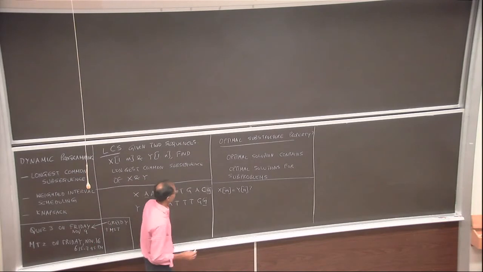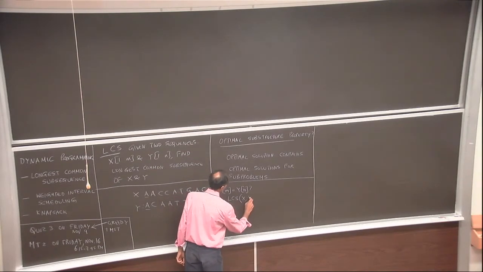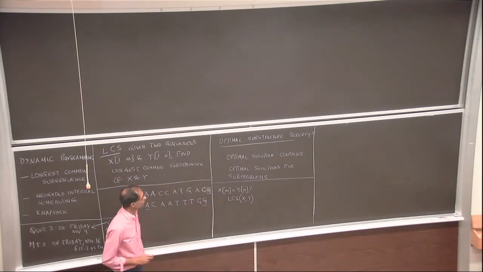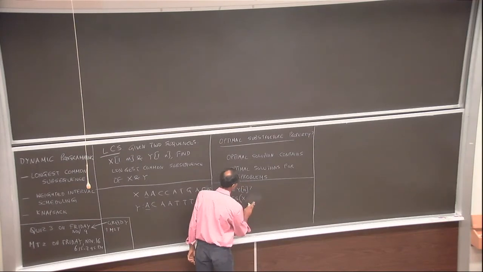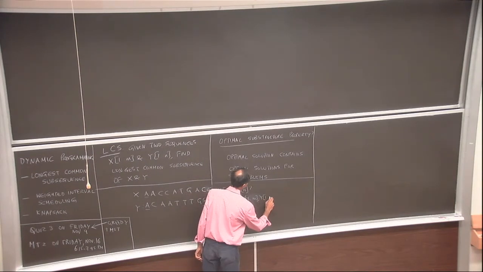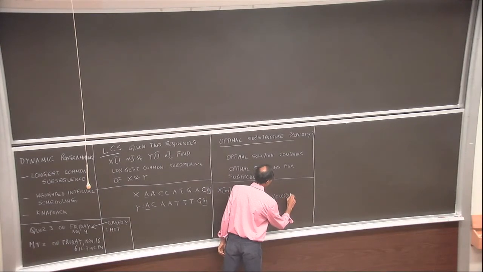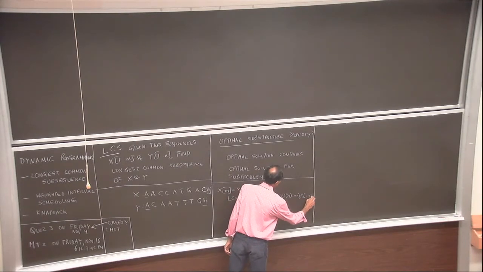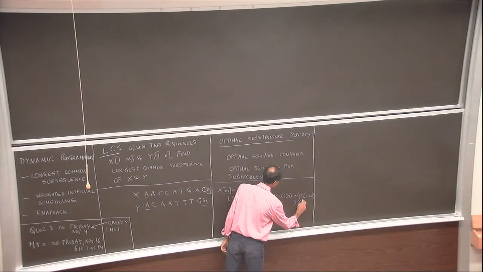Okay? So if xm equals yn, then I want to say that the longest common subsequence for x and y, from x1 to m, y1 to n, is the same as LCS for x1 to m minus 1, y1 to n minus 1, followed by the last character, xm.